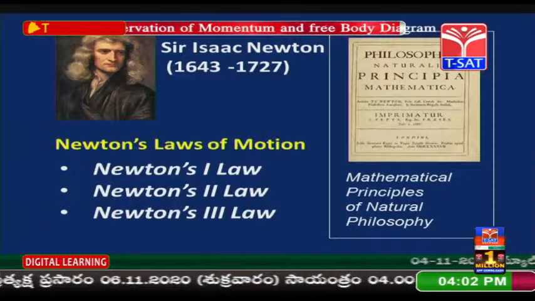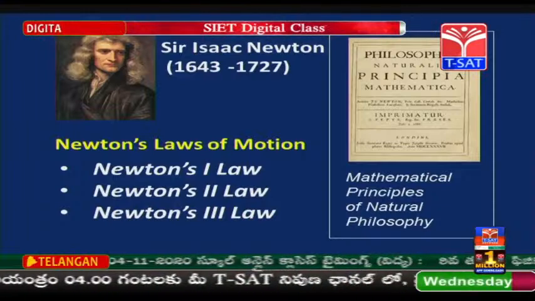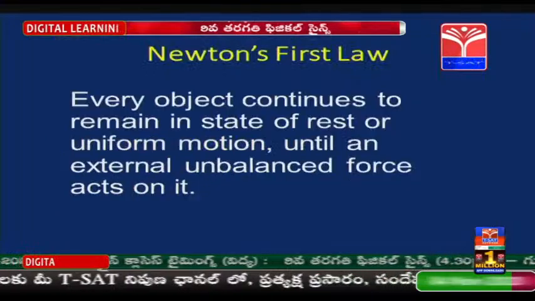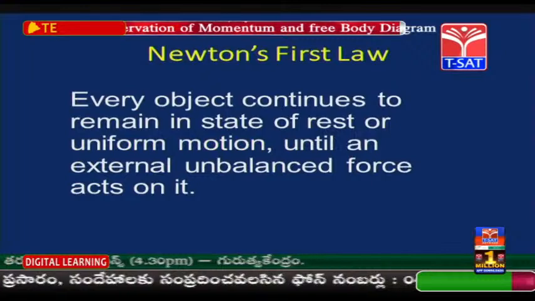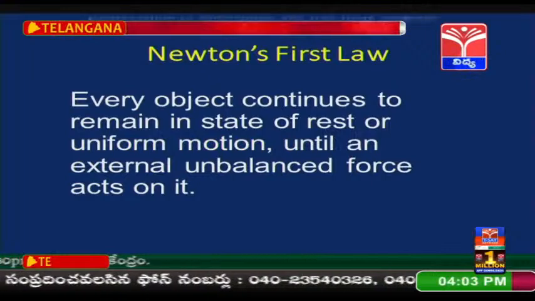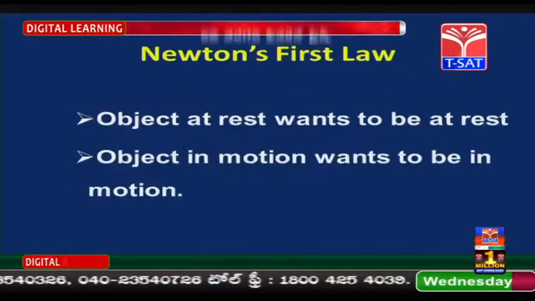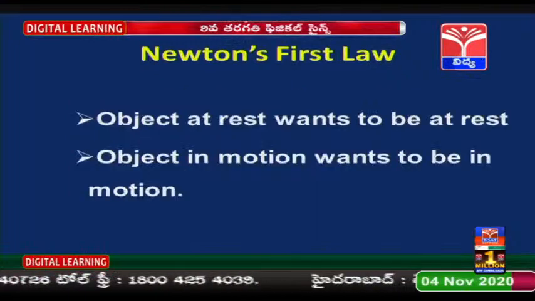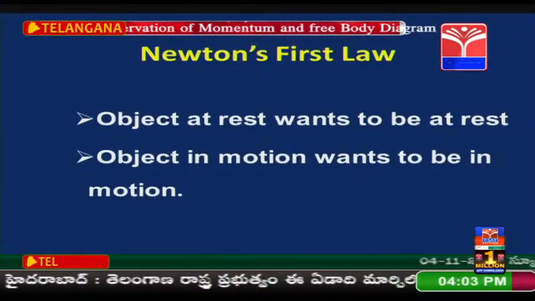And then we have discussed Newton's laws written in Mathematical Principles of Natural Philosophy by Sir Isaac Newton. The first law says every object continues to remain in its state of rest or uniform motion until an external unbalanced force acts on it. In other words, we can say object at rest wants to be at rest and objects in motion want to be in motion.